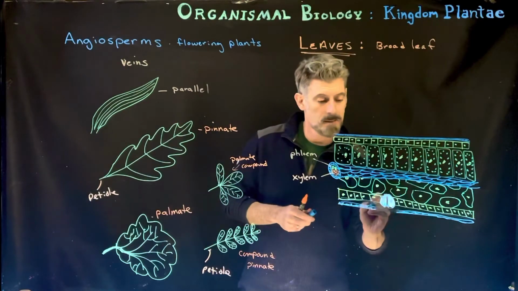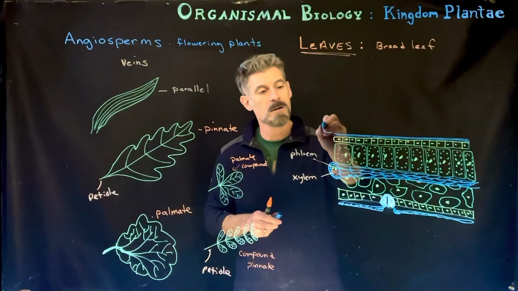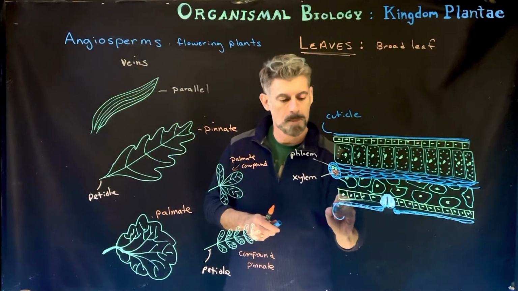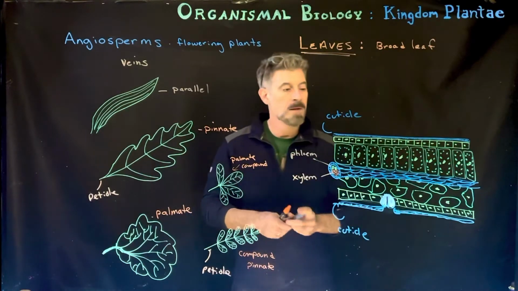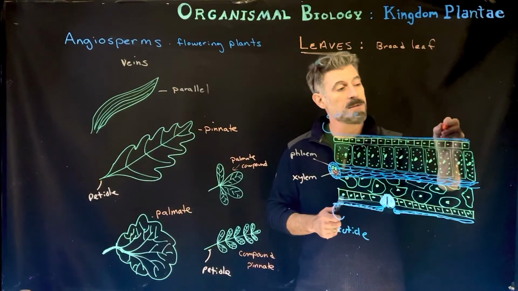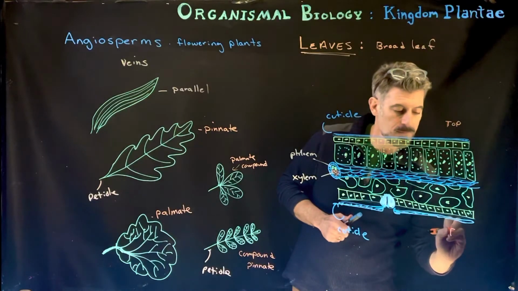What I'm drawing here, right at the end, is the cuticle. All right, so we have a cuticle, a waxy covering. The way we're orienting this here, this is the top side of the leaf, and this is the bottom side of a leaf.